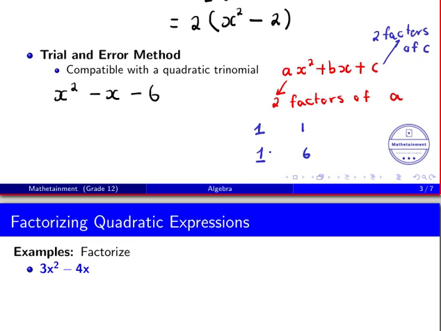Now, look at what we do here. We say 1 multiplied by 1, and what we are getting there is 1. And then we say 1 multiplied by 6, and what we are getting there is 6. So now, this sign that I'm highlighting says I must subtract the product of these and see if I get the middle term. 1 minus 6, I don't even care about the sign, but that drops down to 5.